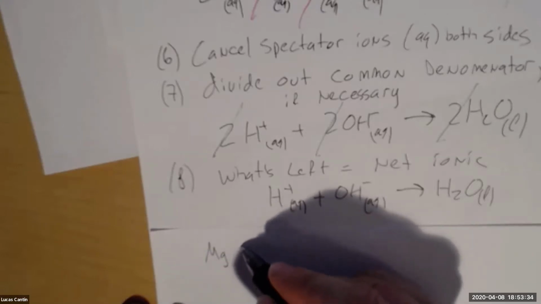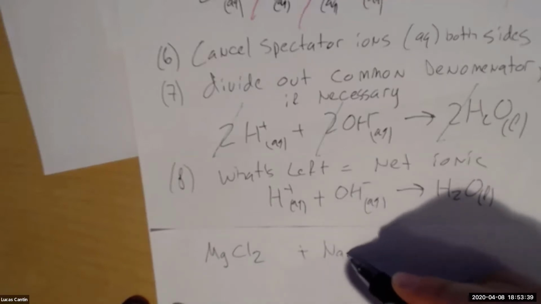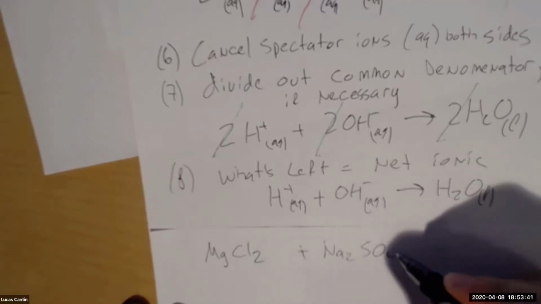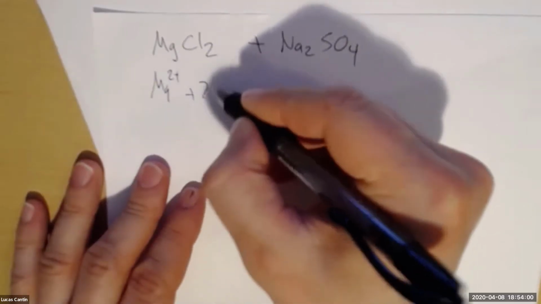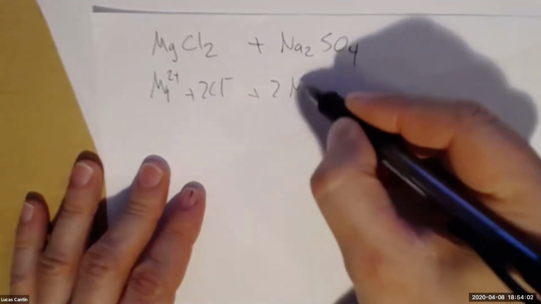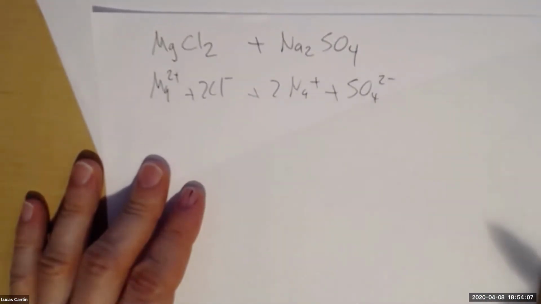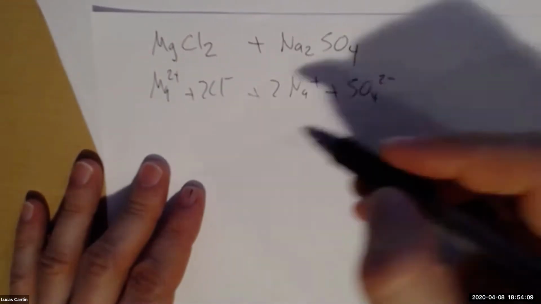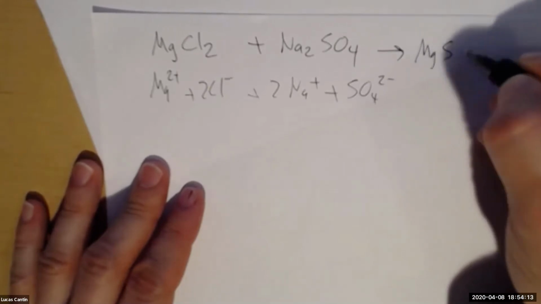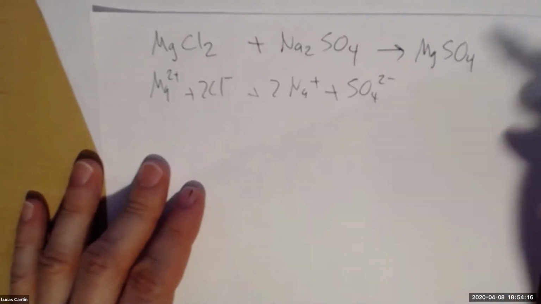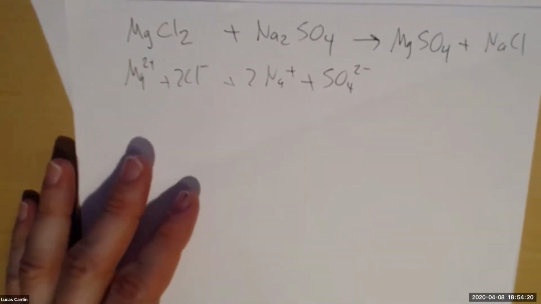Magnesium chloride plus sodium sulfate. So this breaks apart into magnesium 2 plus, 2 chloride minus, 2 sodium plus, SO4 2 minus. So when I swap those, I'm going to get magnesium sulfate and sodium chloride, right?